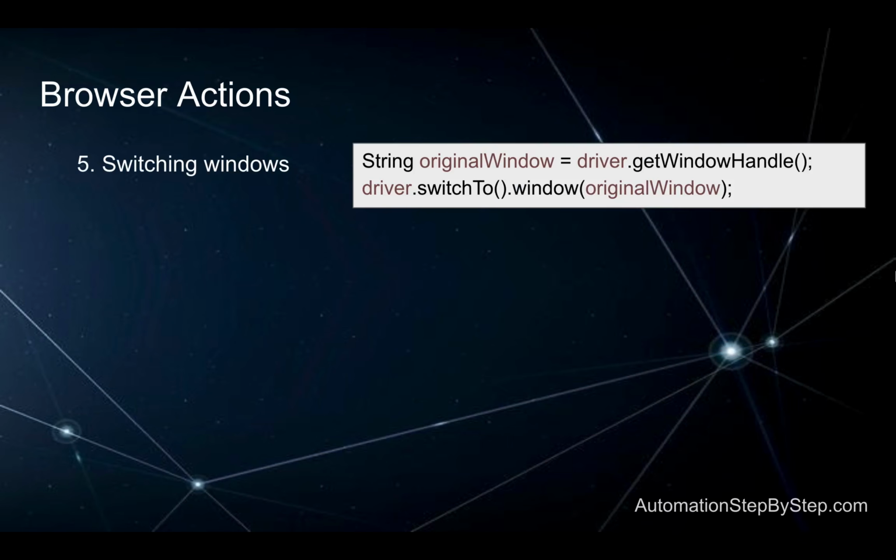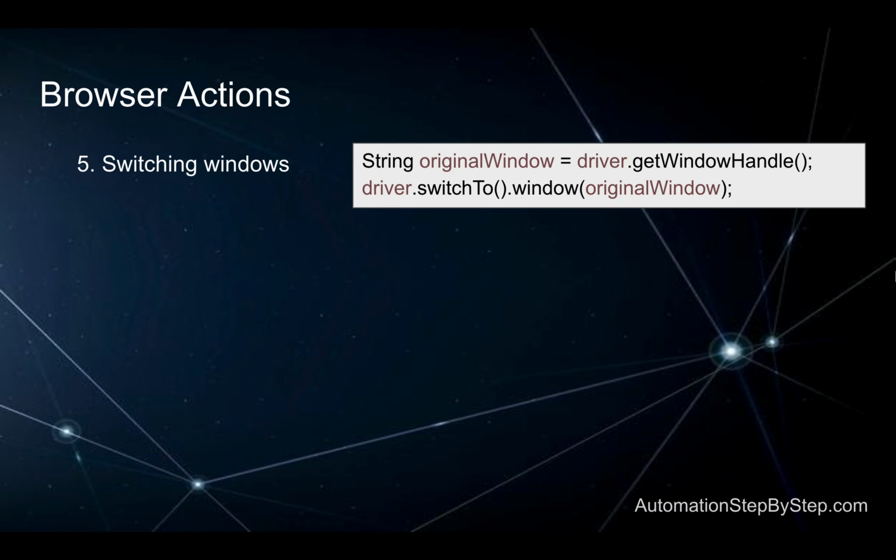Now the fifth action is we can also switch windows. Now this is very handy and very useful. Sometimes in your browser, on your application, if you click some link or some element, it opens a new tab or a new window, and if you want to switch to the window or switch back to the original window, we can use this switch to window.